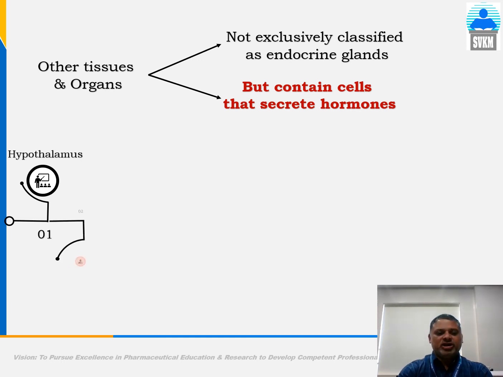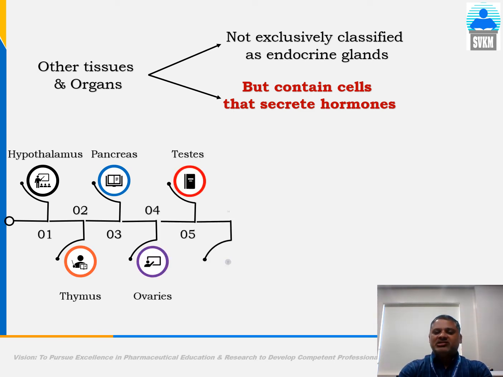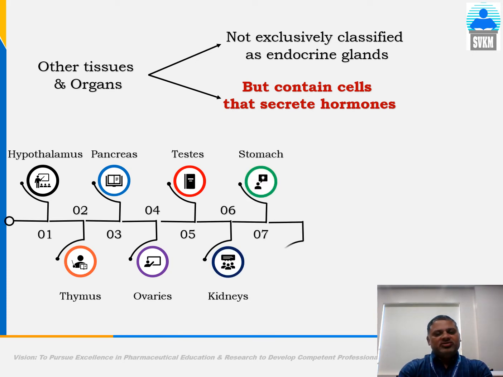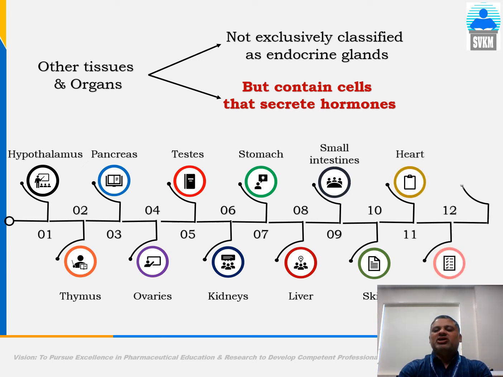First is the hypothalamus, second the thymus gland, third the pancreas, fourth the ovaries, fifth the testes, sixth the kidney, seventh the stomach, eighth the liver, ninth the small intestine, tenth the skin, eleventh the heart, and twelfth the adipose tissue.